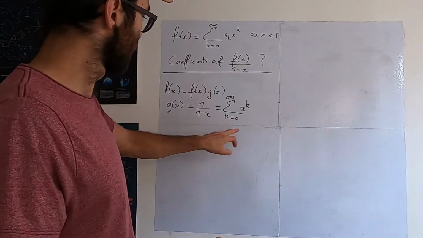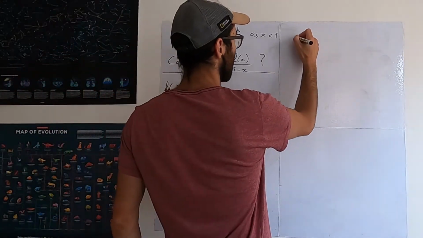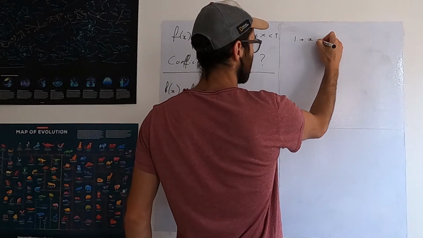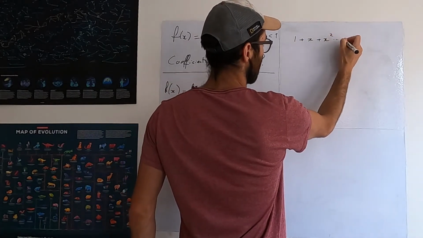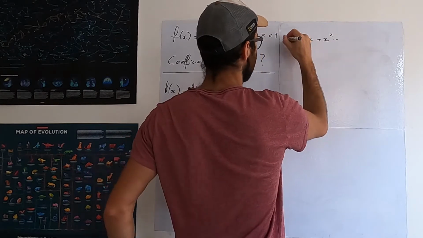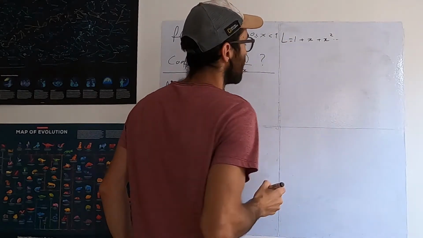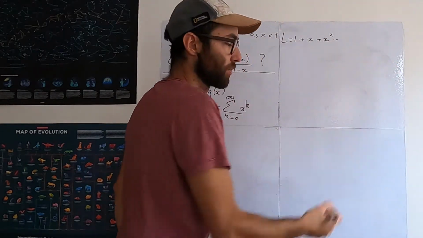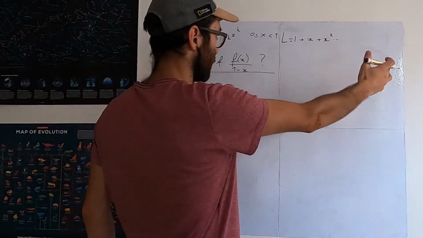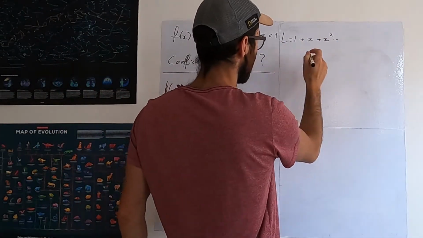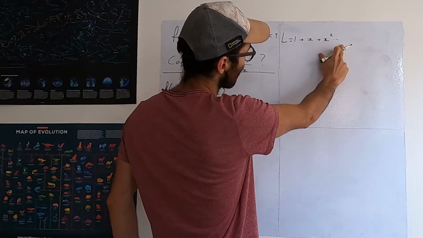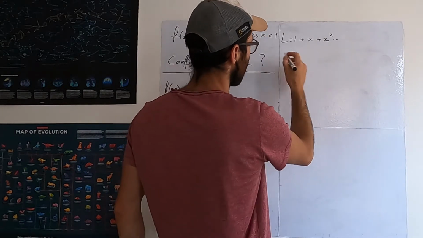If you are not familiar with this, there is a not very rigorous but simple way to at least get the intuition behind this formula. If you have the sum 1 plus x plus x^2 and so on to infinity, let's call this L, and you assume that it converges to one number, which is key, then you can show that if you multiply this by x and you add 1, you get the same thing.